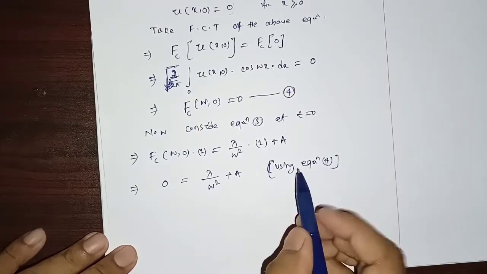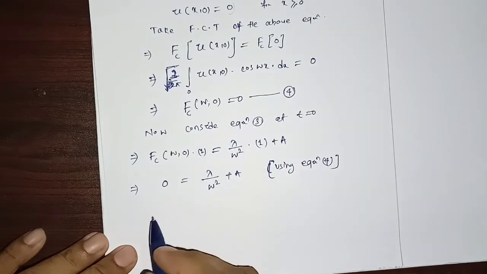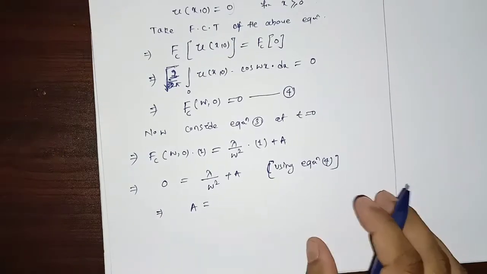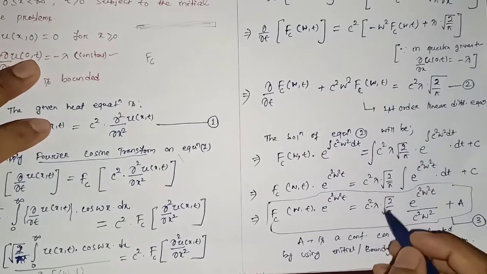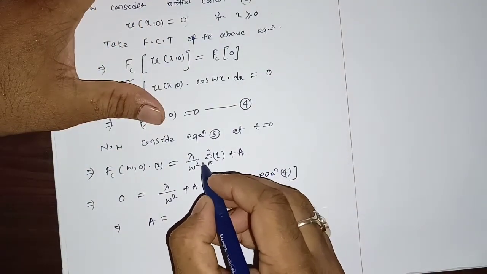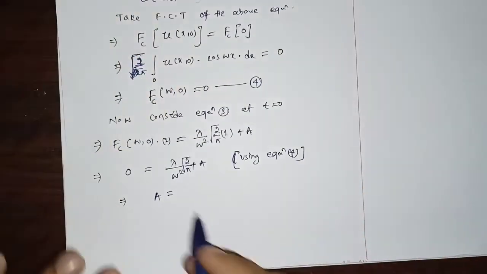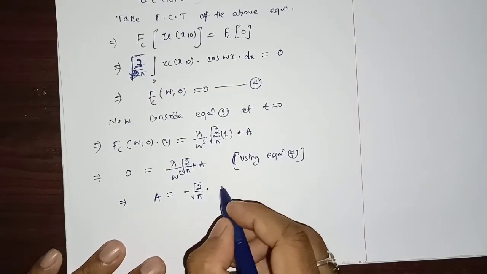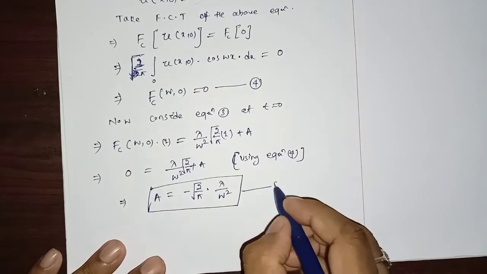Instead of f_c(ω,0) we have to put 0. One thing I forgot to write here: root over 2 by π is there. So here a will be minus root over 2 by π into λ by ω². So we found the a value. Let this be your equation number 5.